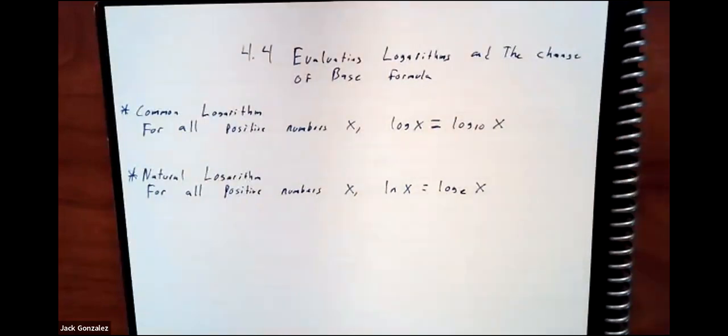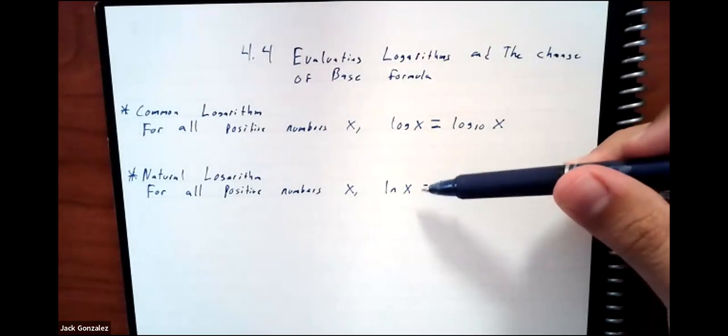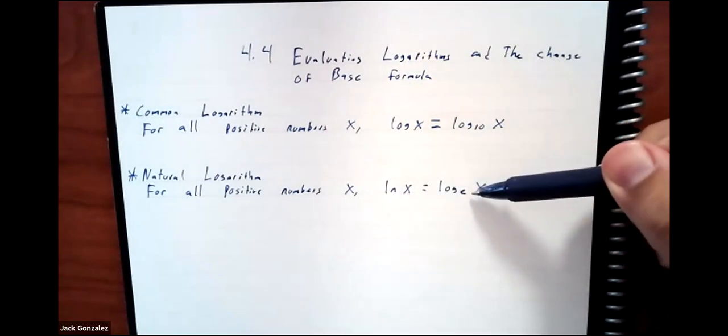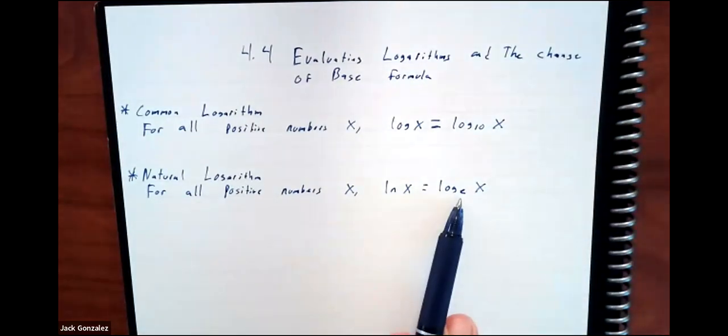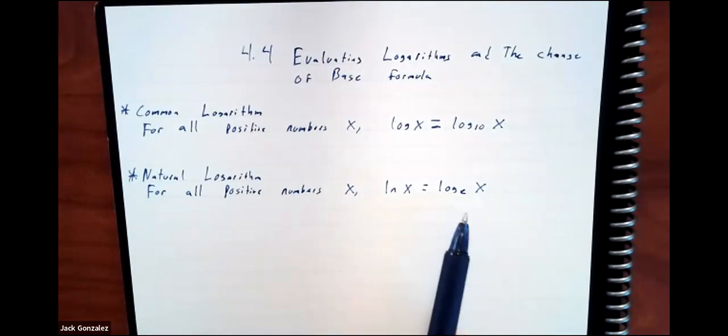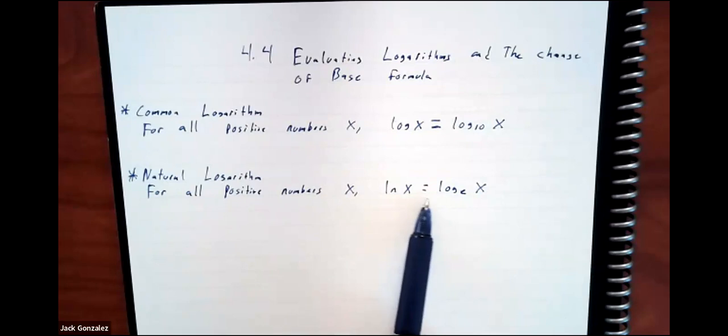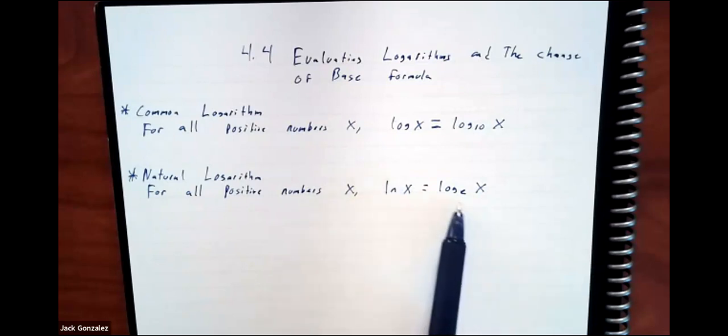Right here, the last one: ln x is equal to log base e of x. It's an e at the bottom. If you see this ln, it's just a log with the base e. That's it.